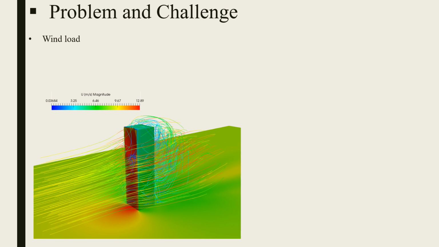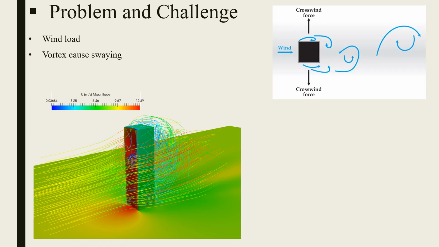When the wind flies by, it creates a high pressure zone and a low pressure zone, and this can cause a phenomenon called vortex shedding, which can cause the building to sway. This phenomenon is like water causing a ship to sway.